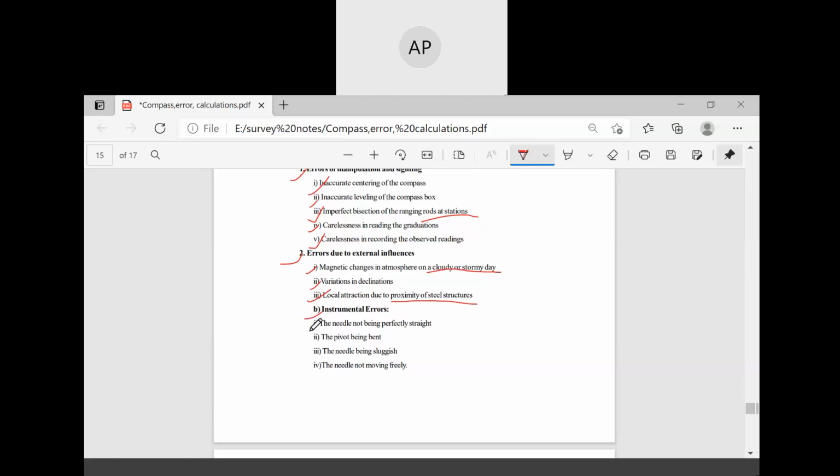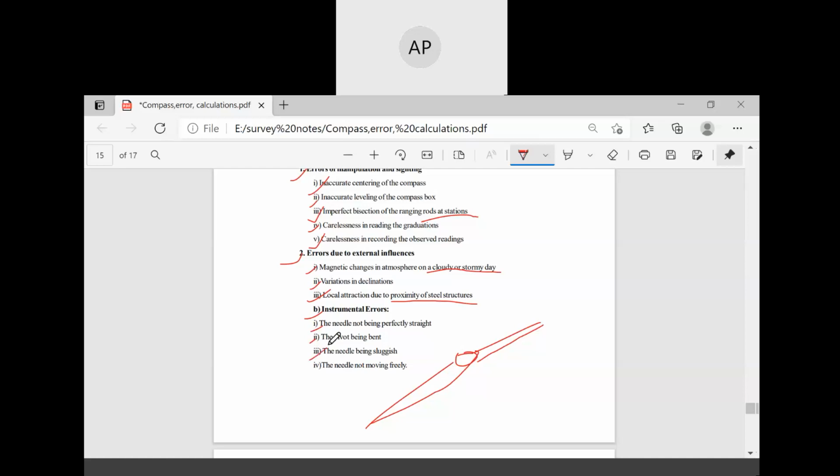Instrumental errors: the needle may not be perfectly straight, the pivot may be bent. That means where the needle is attached, it may be bent, so it may not be perfectly straight.